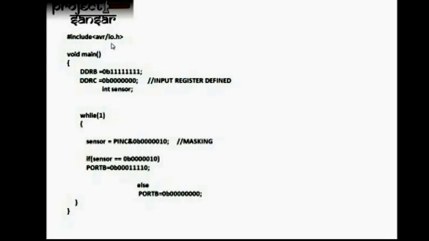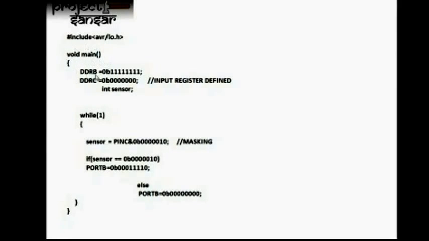Of course, we are not mentioning even the CPU clock, because now it takes the default value of 1 MHz. It would not make a difference in this particular program because here we are not using the delay function or any other function which relates to the clock speed of the microcontroller.